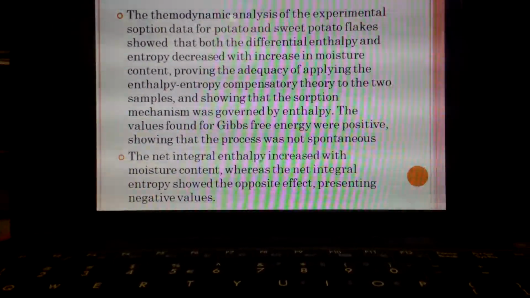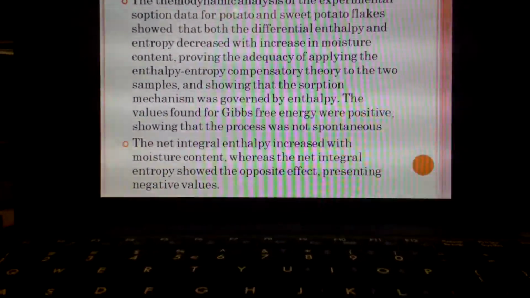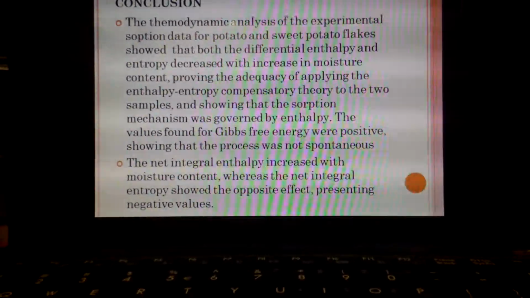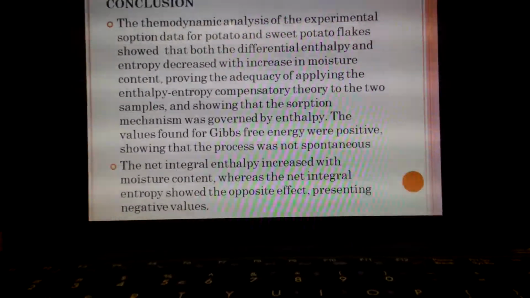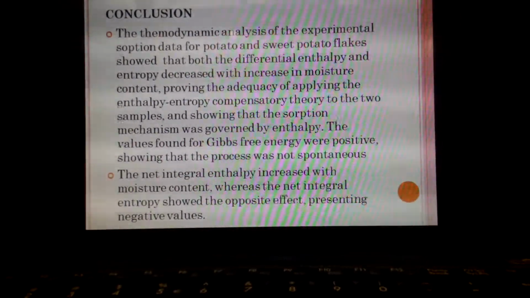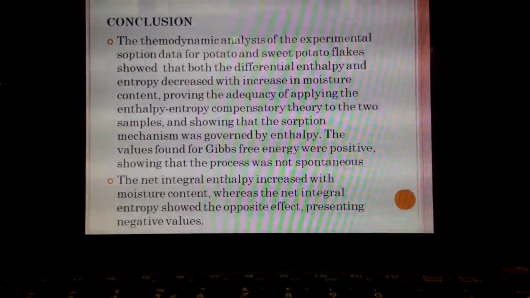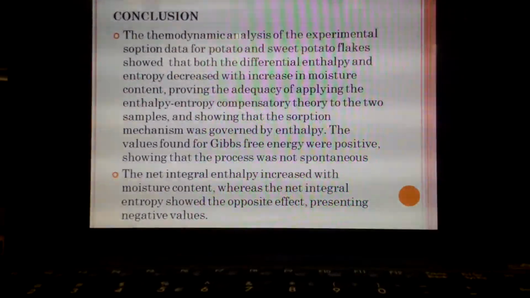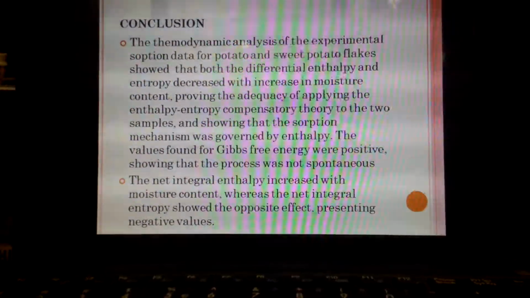The values found for Gibbs free energy were positive, showing that the process was not spontaneous. The net integral enthalpy increased with moisture content, whereas the net integral entropy showed the opposite effect, presenting negative values.